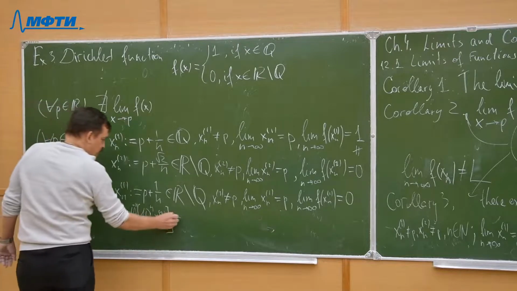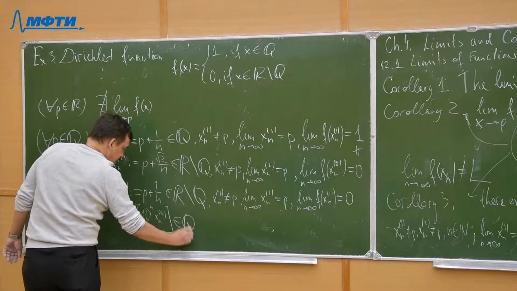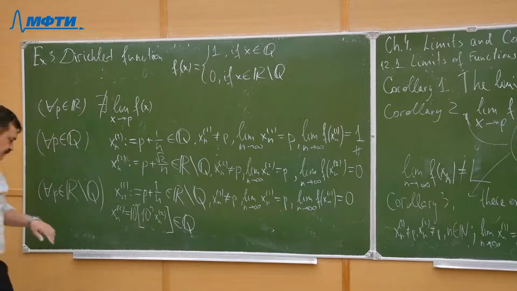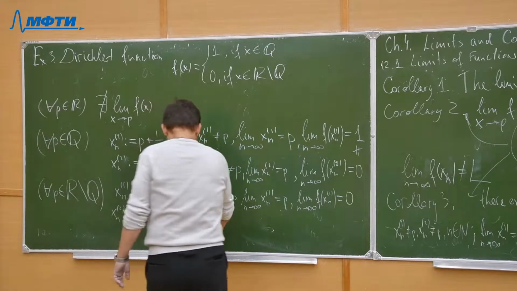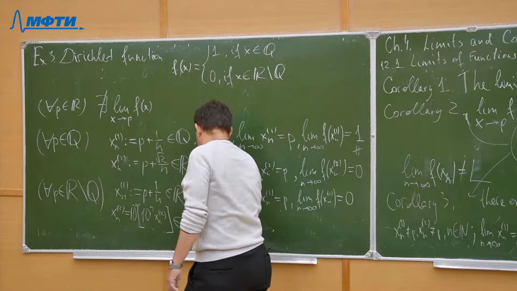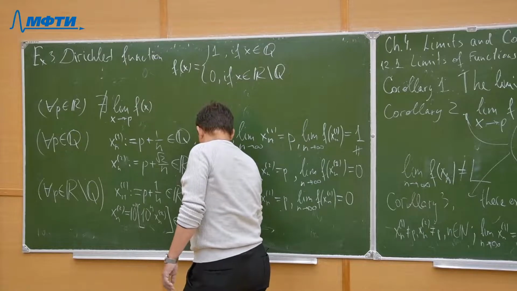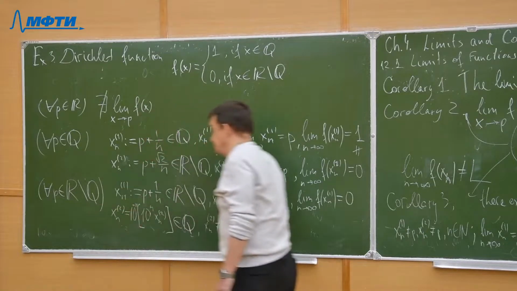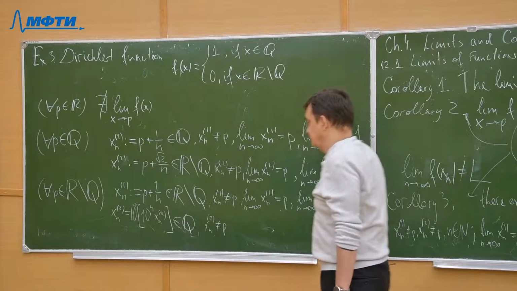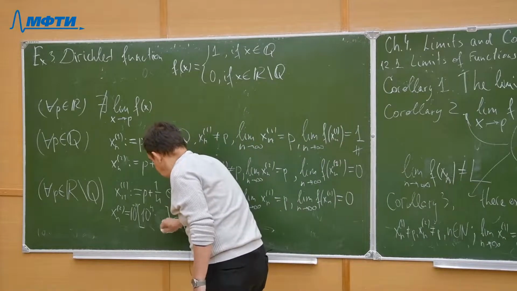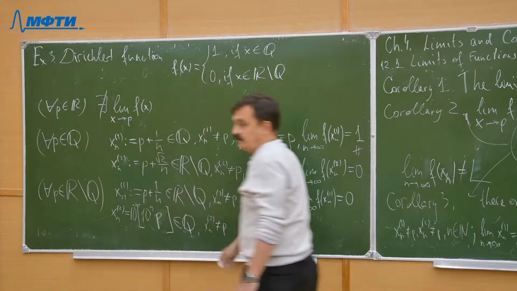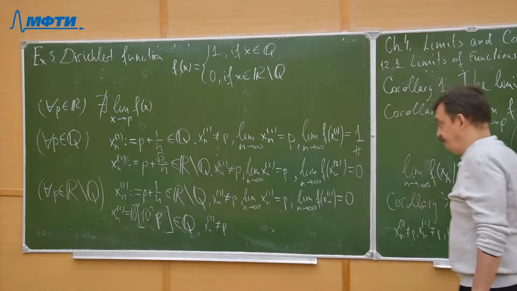That is for sure a rational number. And again, all of them are not equal to p, since p is irrational. Oh, sorry, here p. So p here.